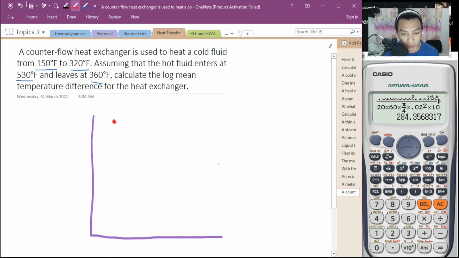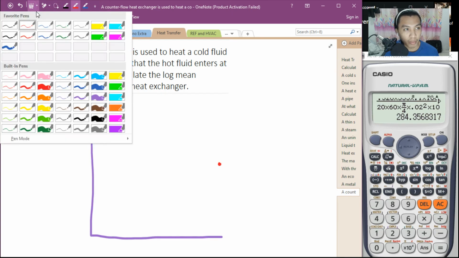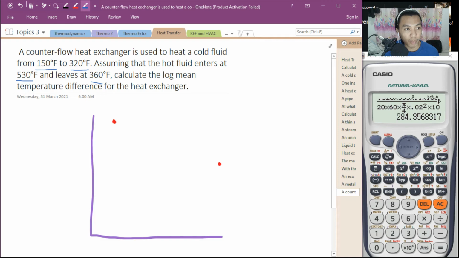This is 360. Okay? Tapos, blue natin yung maliliit. Blue. 320 to 150. From 150 to 320. Counterflow eh. Map na natin to. This is 530 and leaves 360. 530 to 360.